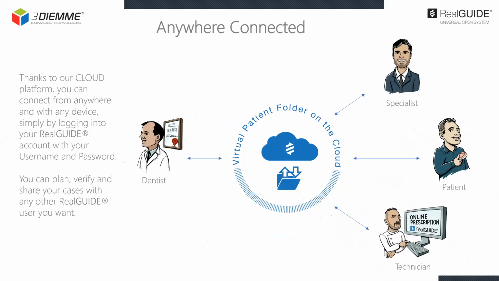Furthermore, it's possible to plan, make changes, and share cases with any RealGUIDE user you want: colleagues, dental technicians, production centers for the manufacturing of the surgical guides, specialists, for example radiologists, and why not even with your patients.